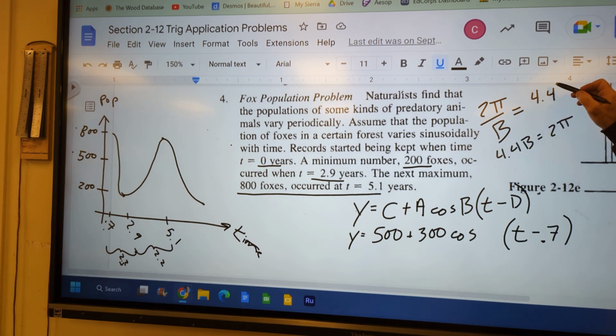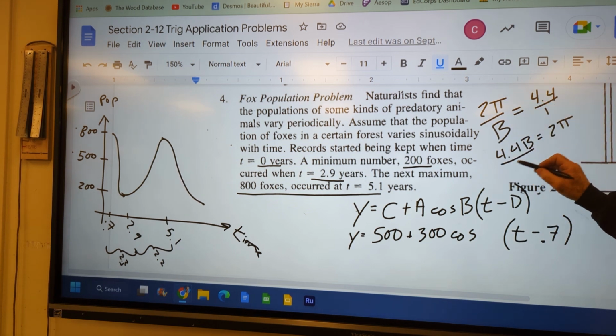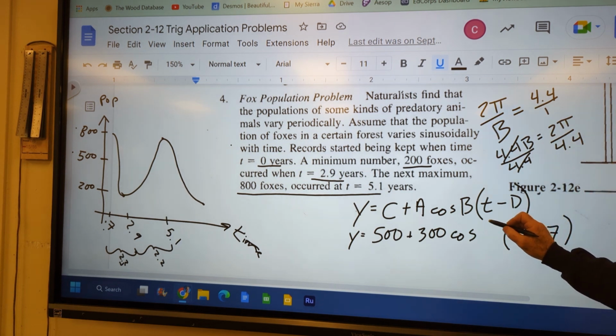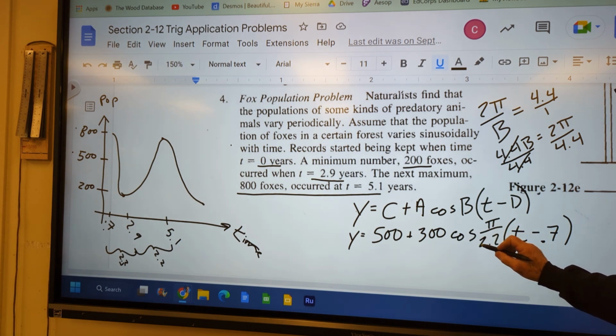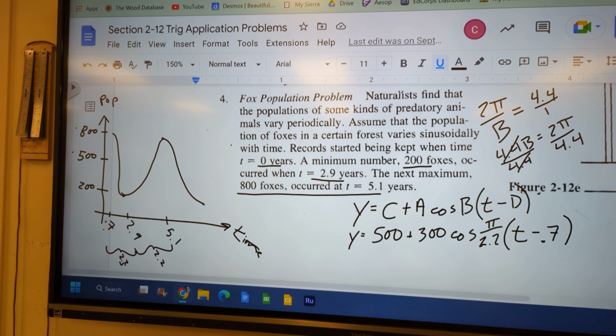Divide both sides by 4.4. That'll give me b by itself. And I have 2 pi over 4.4, or I could reduce that to pi over 2.2. Any questions on that specific equation?